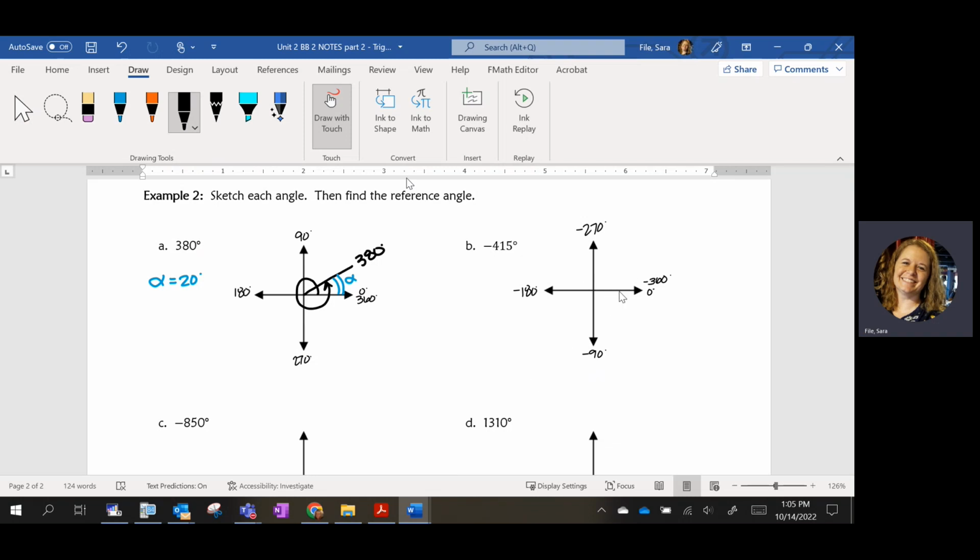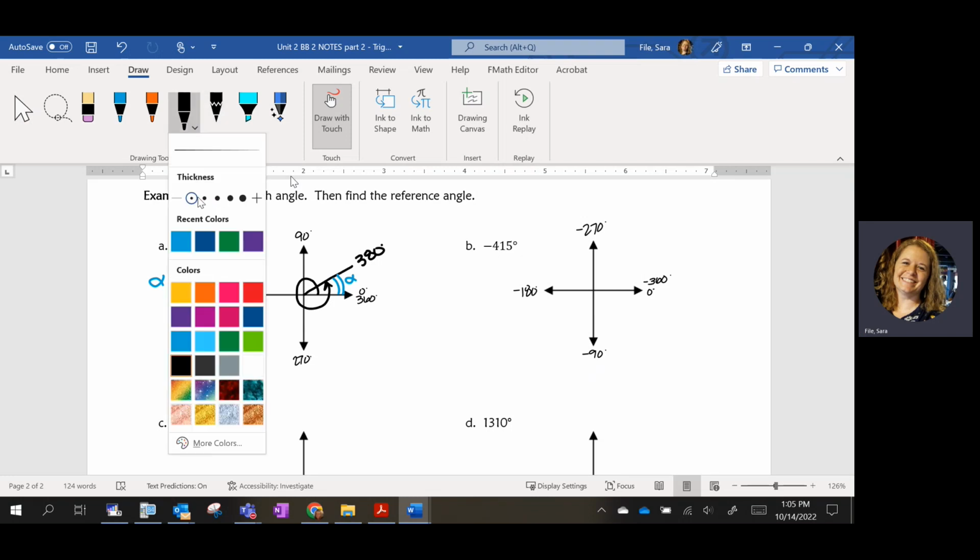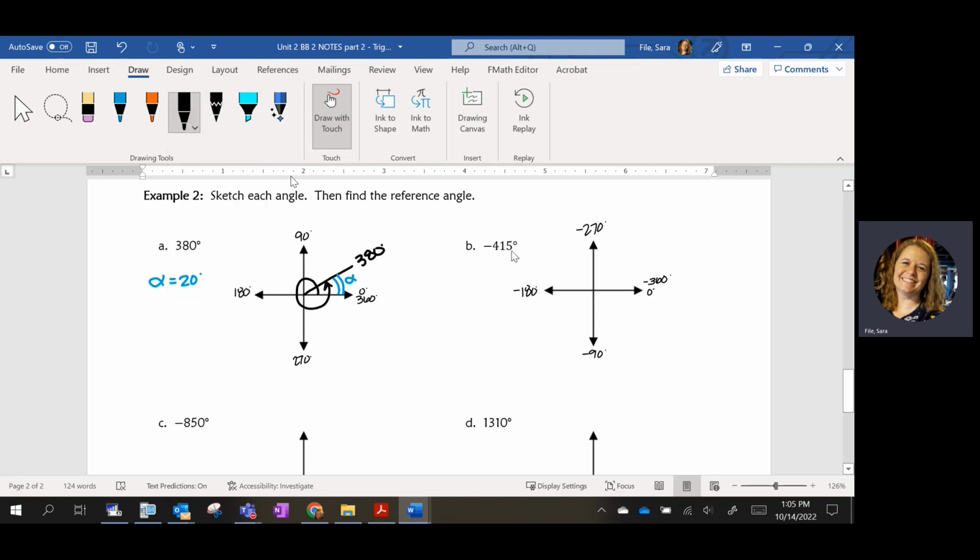Okay, all right, so we're going in the negative direction, so clockwise from the positive x-axis, and we want to go 415 degrees in that direction. So what quadrant am I going to stop in? Because if I do a full rotation, that's 360. How far past 360 do I need to go? So 55. So maybe here-ish.